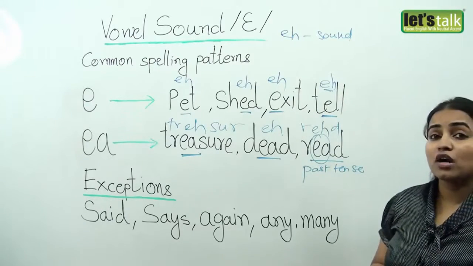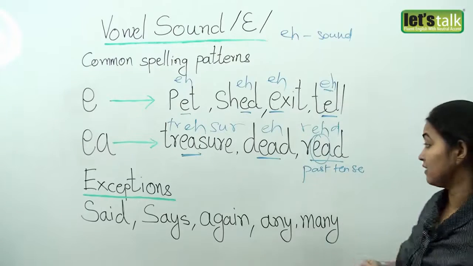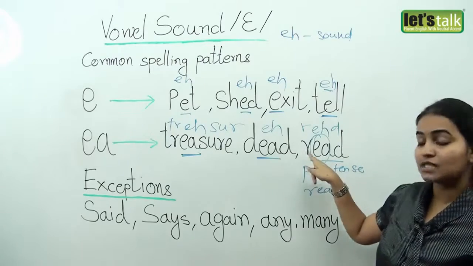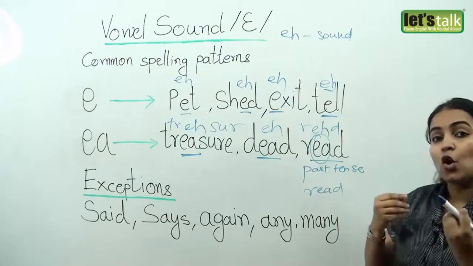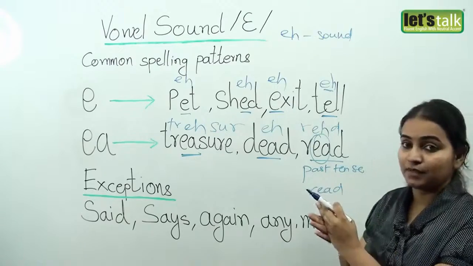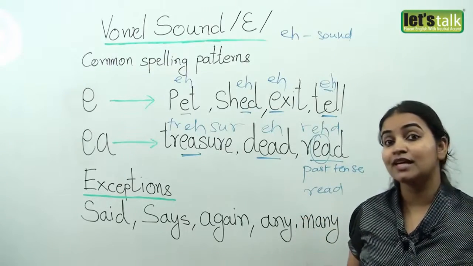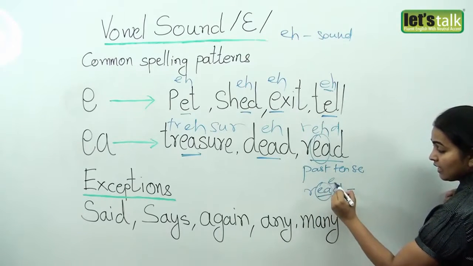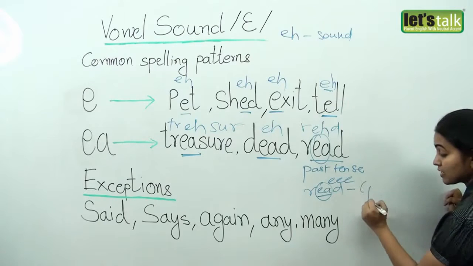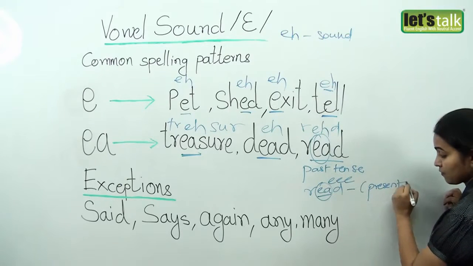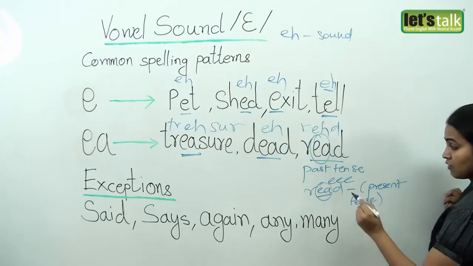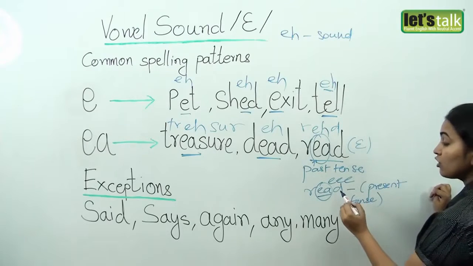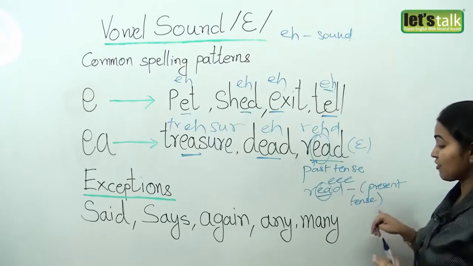What if I wanted to talk about the present tense? The present tense we all know is read, the same spelling as the past tense. But over here it is not the short E. It is the long E. So I say read. The EA gives me a long E sound in my present tense. This is my past tense, which gives me the short E sound, and the long E is always there in my present tense.